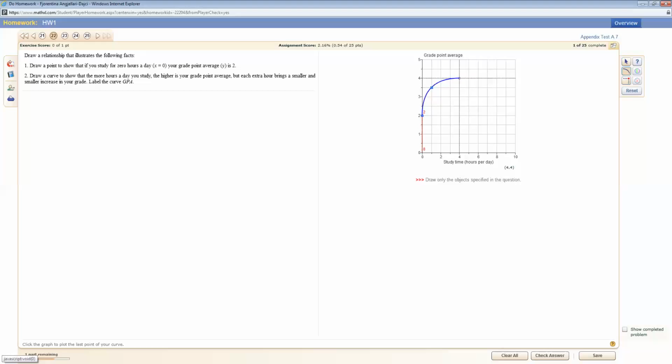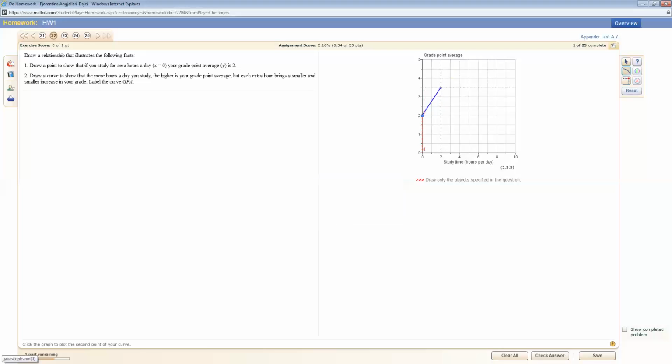So if you are not happy or satisfied with this shape, I would recommend you use a reset button. So you start all over again by resetting. That means you go and grab the point tool, you place it at point 2, and then when you're ready to draw the curve, maybe what you should do differently now is don't try such a steep, almost vertical line, but try something that's a little bit less steep.